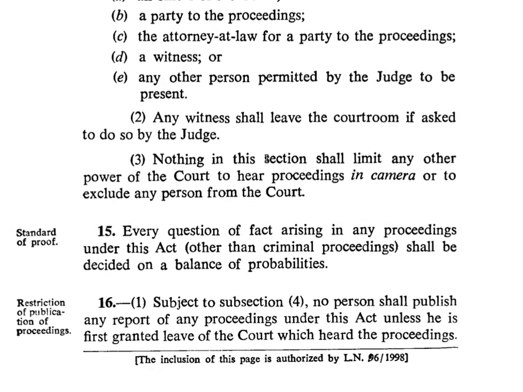Anyway, subsection 2, any witness shall leave the courtroom if asked to do so by the judge. 3, nothing in this section shall limit any other power of the court to hear proceedings in camera or to exclude any person from the court. So the court can hear proceedings in camera, that means secretly, away from other persons.